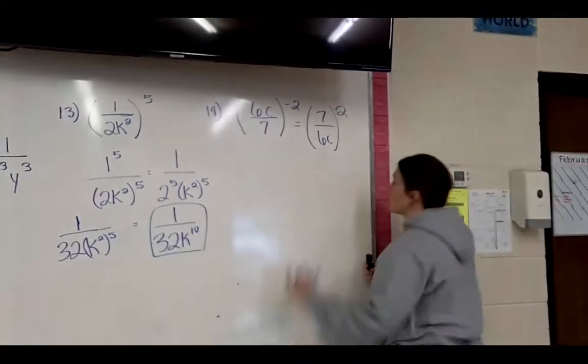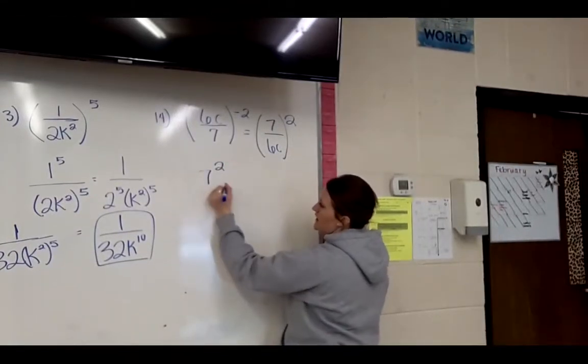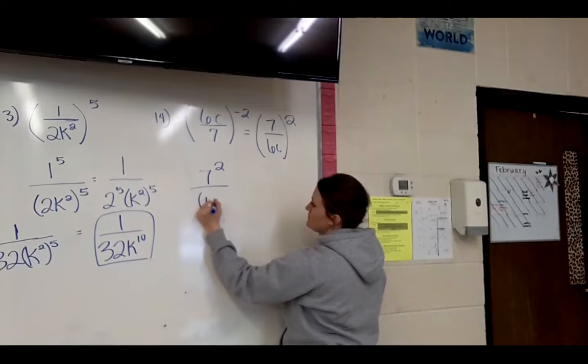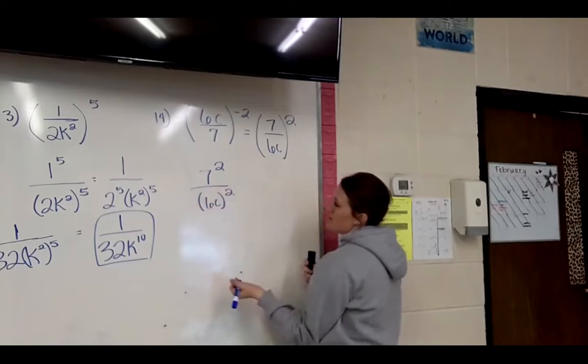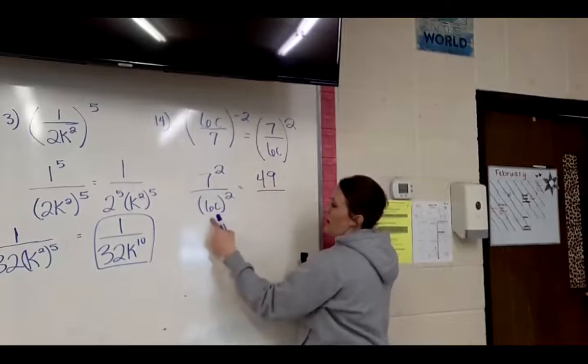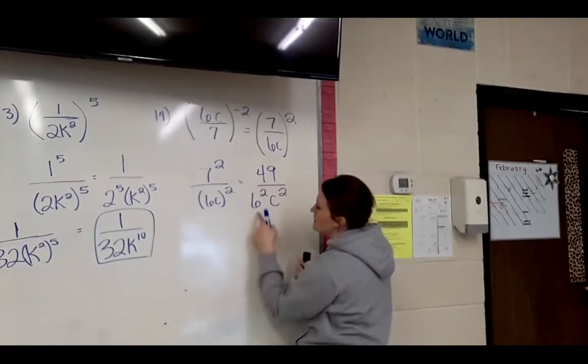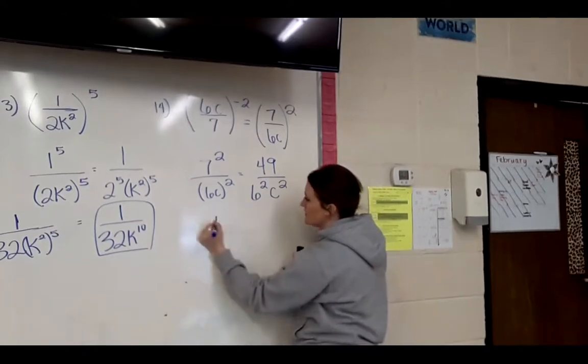So now, if I split it up even more, I'm going to put this second exponent with the top and with the bottom. 7 times 7 is 49. I can split that apart because it goes with both things. 6 to the 2nd power is 36.